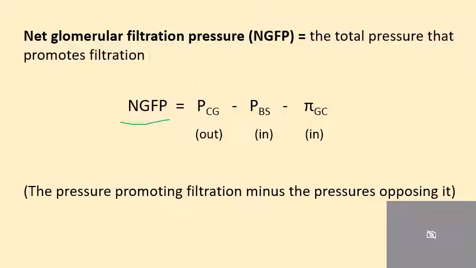This is the pressure inside the glomerular capillary. This is the pressure inside Bowman's space or the capsular space. And this is the osmotic pressure inside the glomerular capillary. I see now that this is a typo. This should be P sub GC, the pressure inside the glomerular capillary.